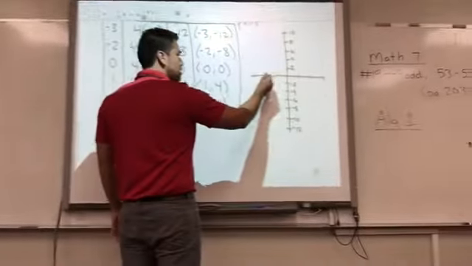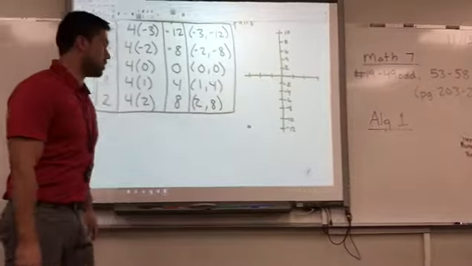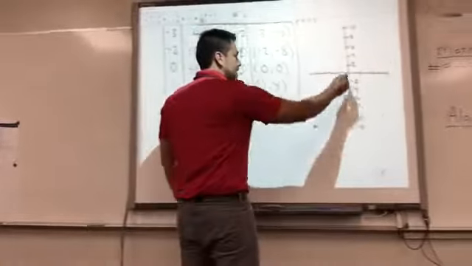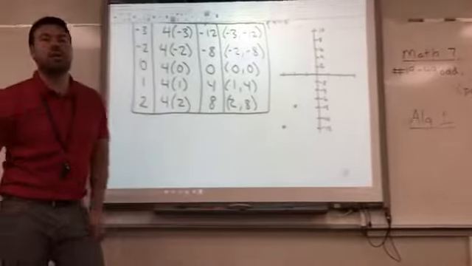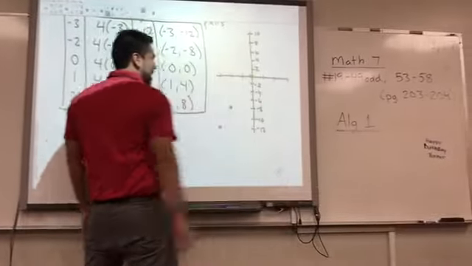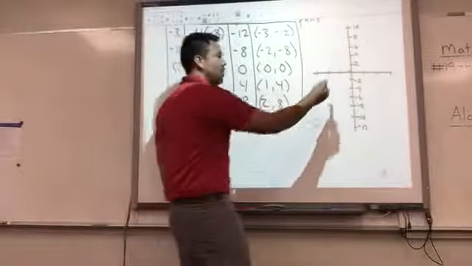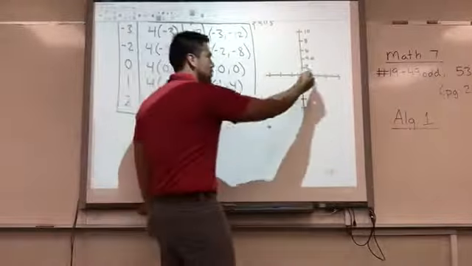So -3, 1, 2, 3. -12 is down here. That's -3, -12. -2, -8, somewhere about right there. Oh, my favorite one, the origin. Right there. And then 1, 4. And then 2, 8.